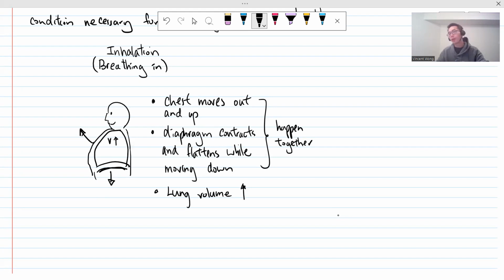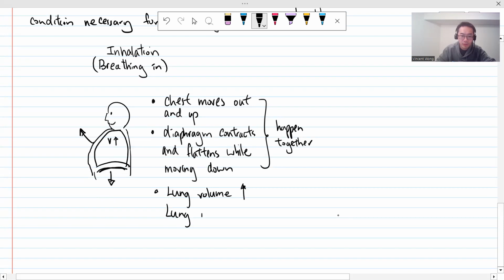What happens to the pressure when volume goes up? According to Boyle's law, PI drops, right? We say lung pressure drops.